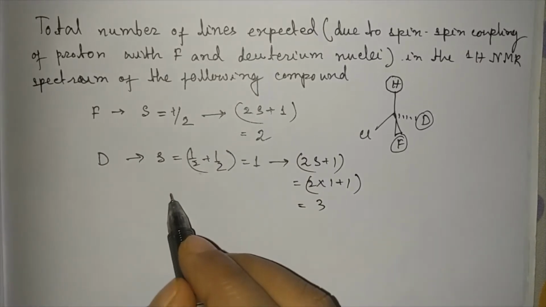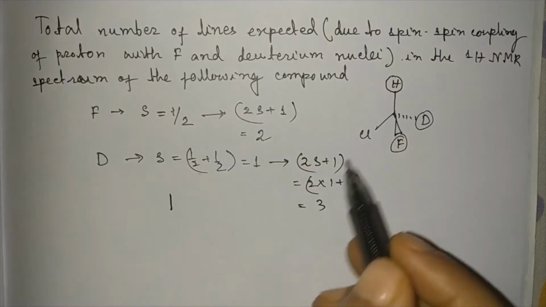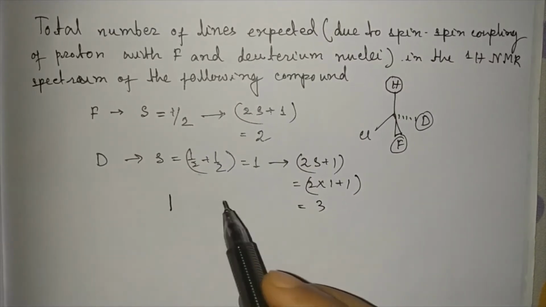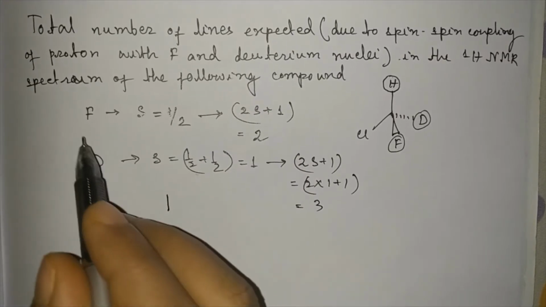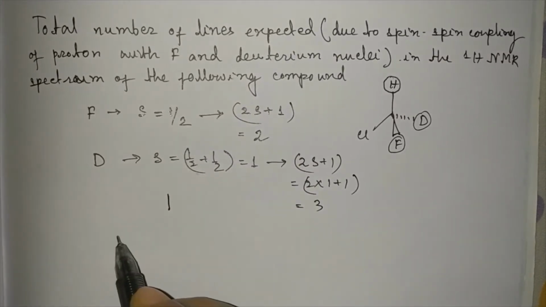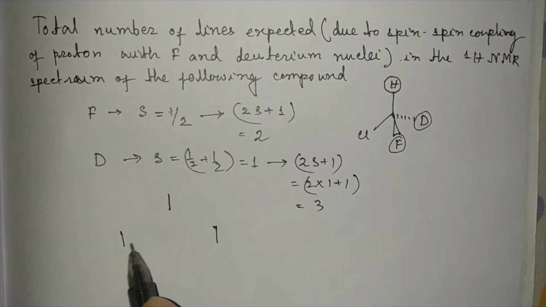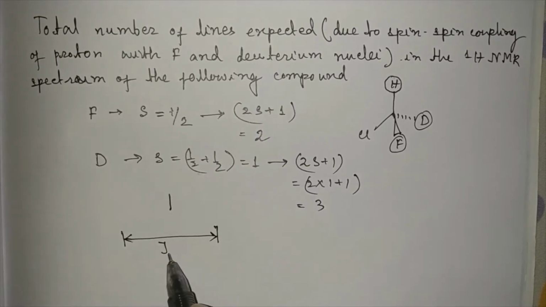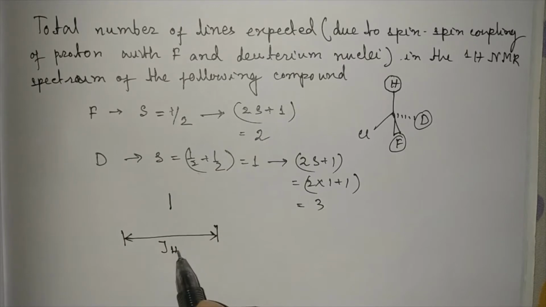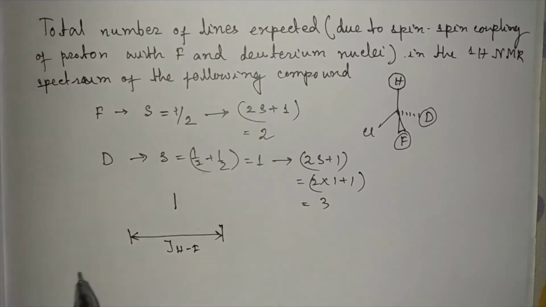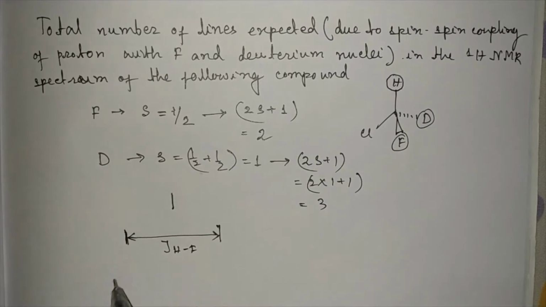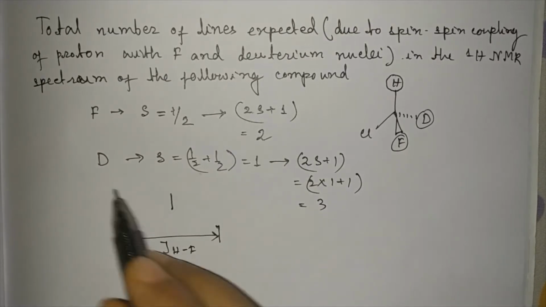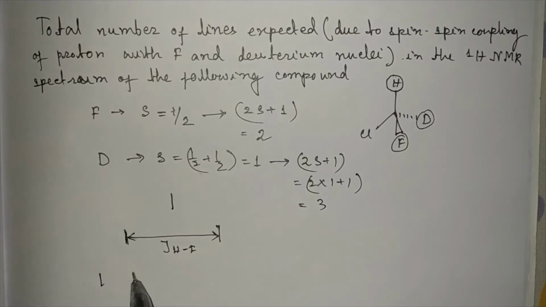So let's say this is the signal for this proton. When it is coupled with fluorine nuclei, it will be split into a doublet, and this is the value of JHF, whereas each signal will be split into a triplet by deuterium, and this is the value of JHD.